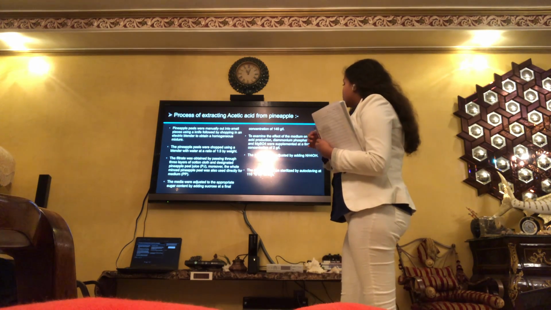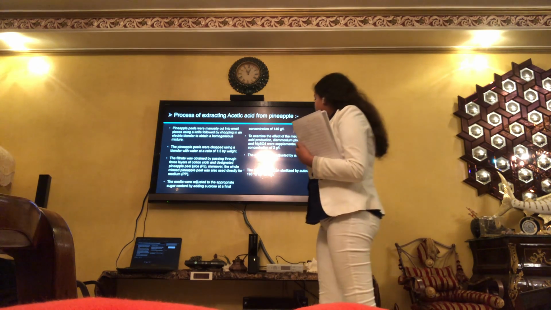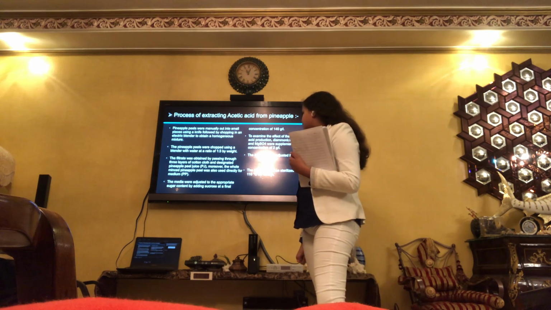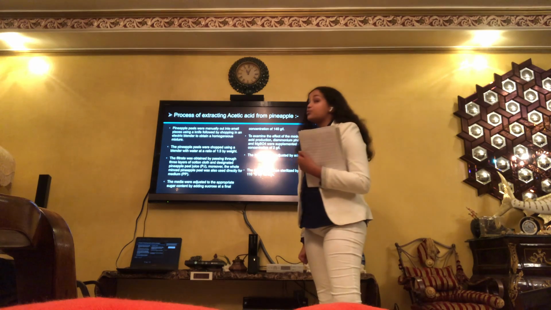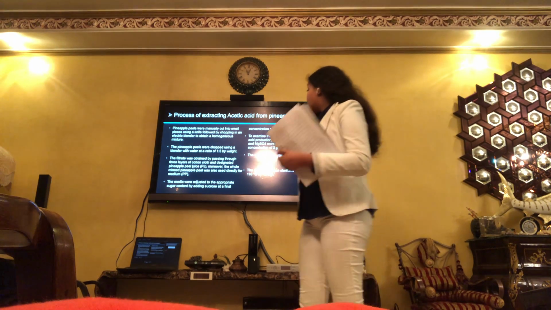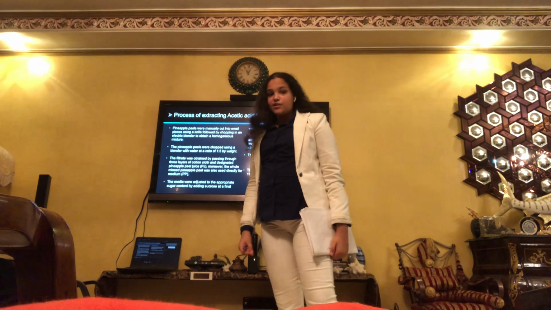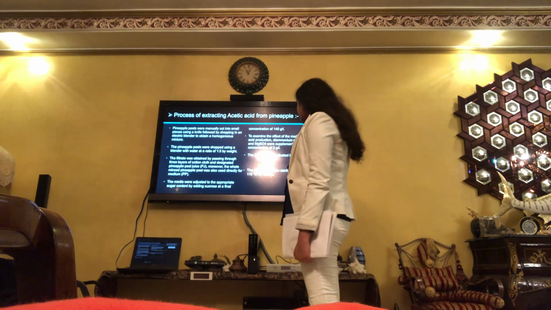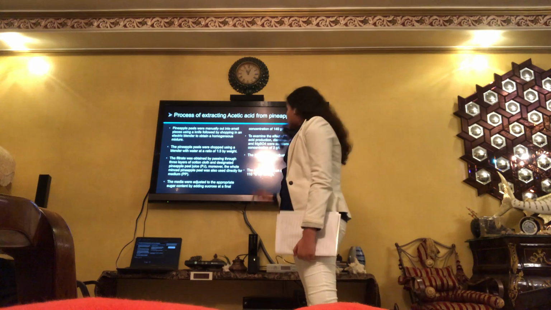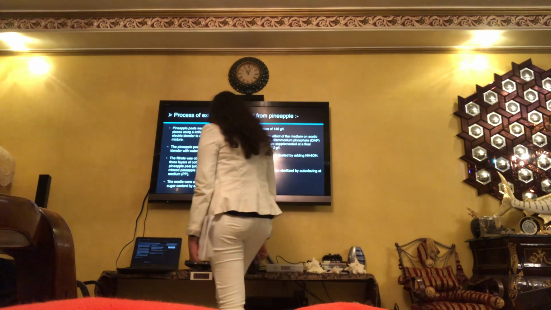And now the media will be adjusted to the appropriate sugar content by adding sucrose at a final concentration of 140 grams per liter. So we will add sucrose, which is a kind of sugar, at a concentration of 140.